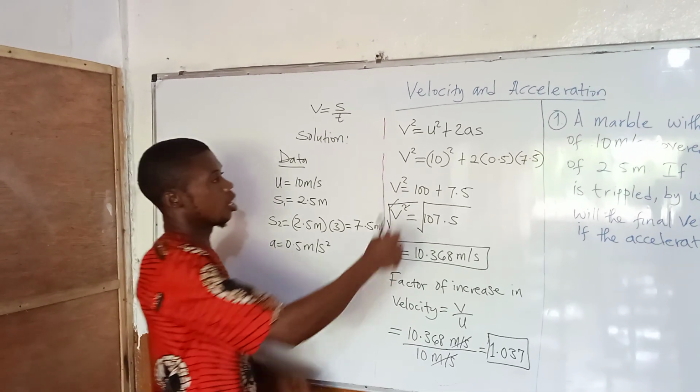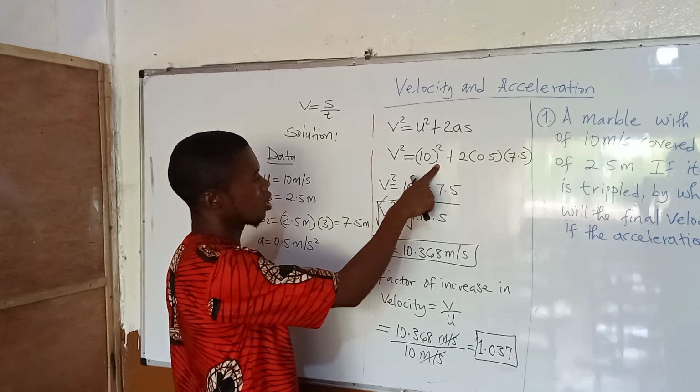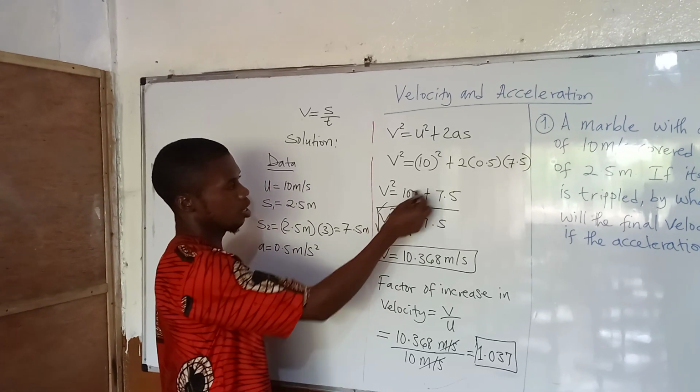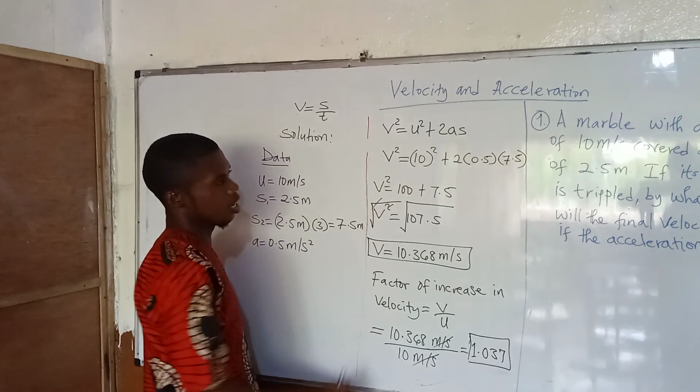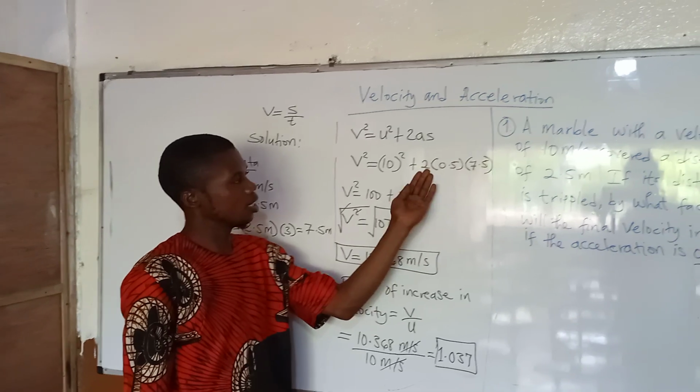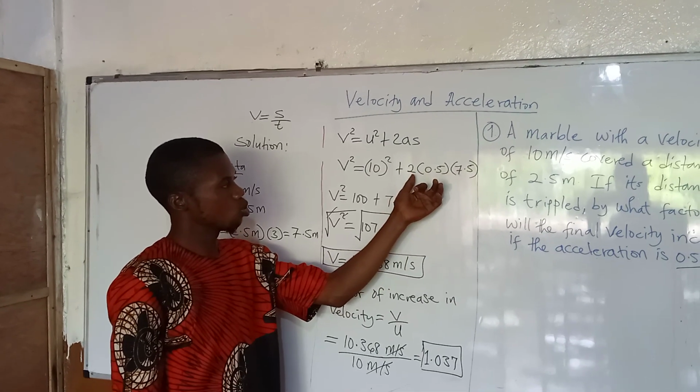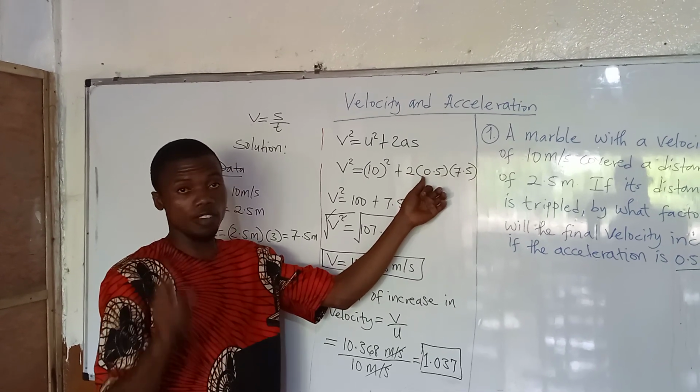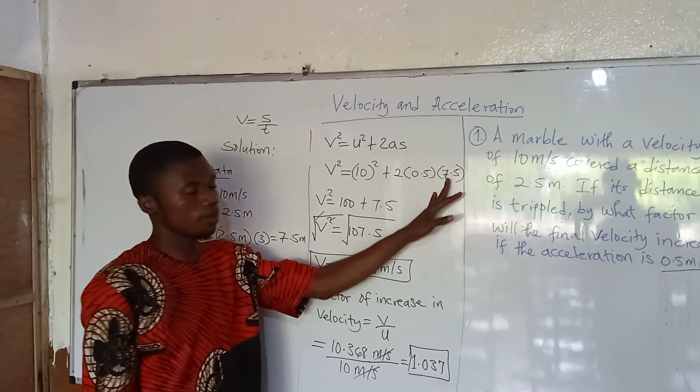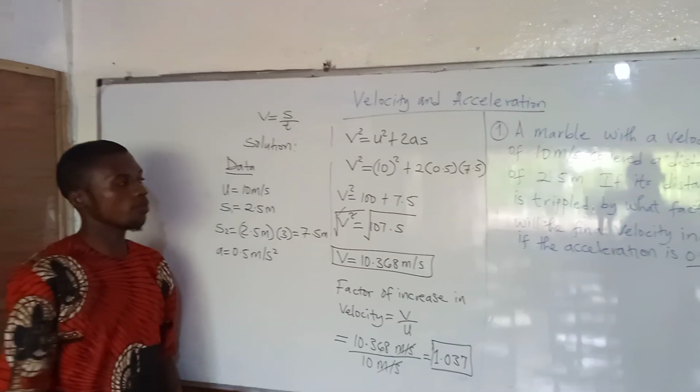Now, if we square 10, we get 100. We bring a plus here, and we multiply these values. 2 times 0.5 will give you 1, and 1 times 7.5 is just 7.5.